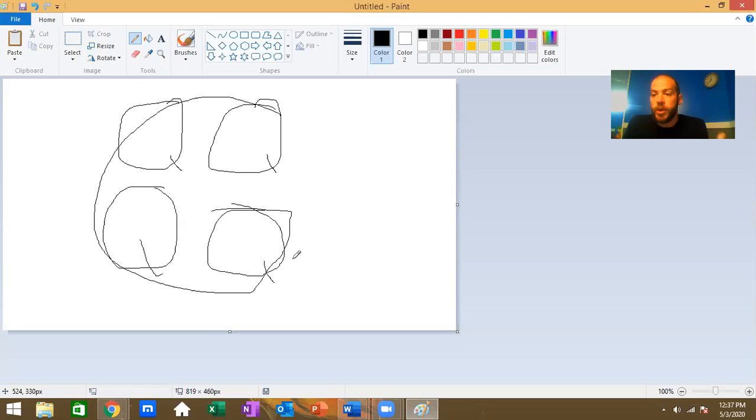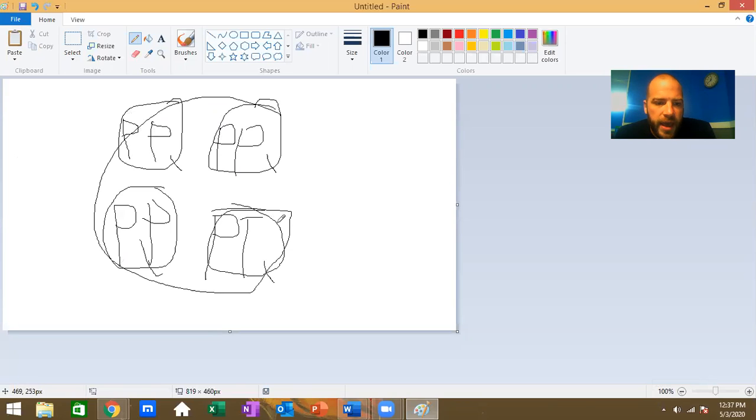Now, each queen has 2 children, a prince and a princess. So, now it's my fine motor skills with this mouse. Okay, so they each have a prince and a princess. Okay, we're done with that.